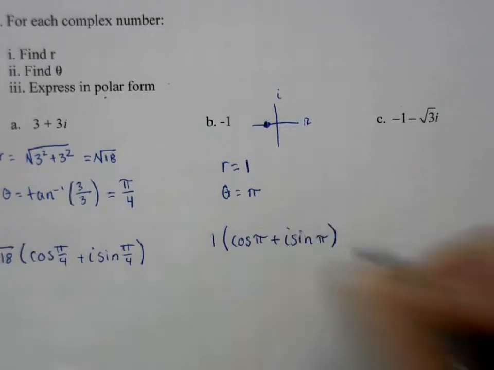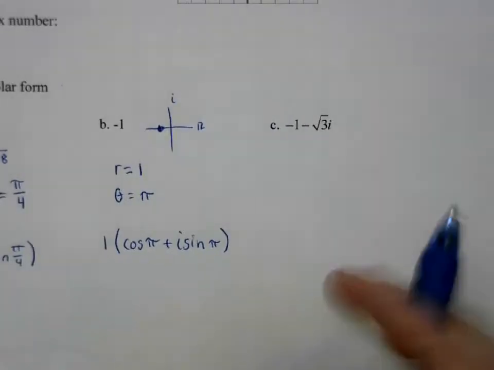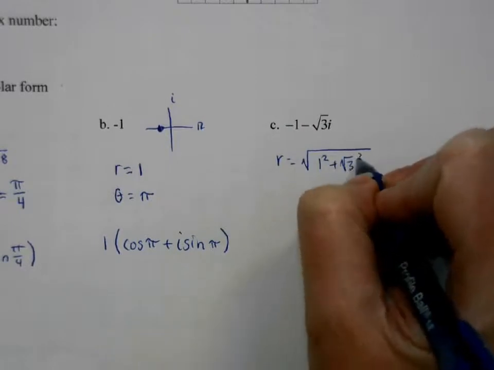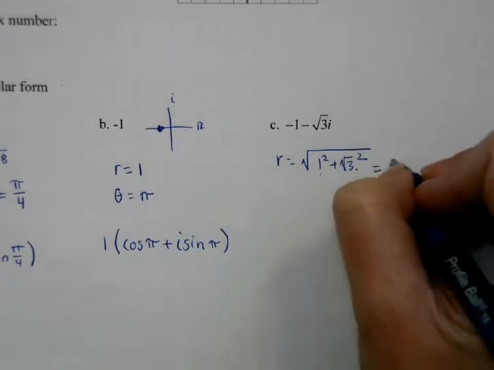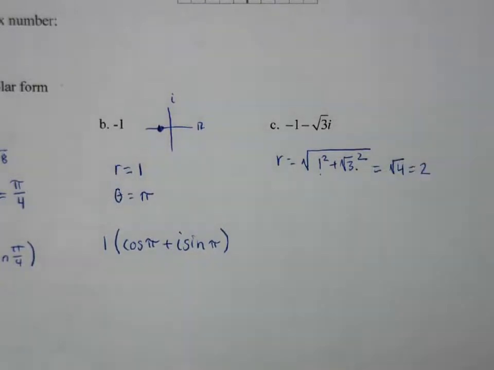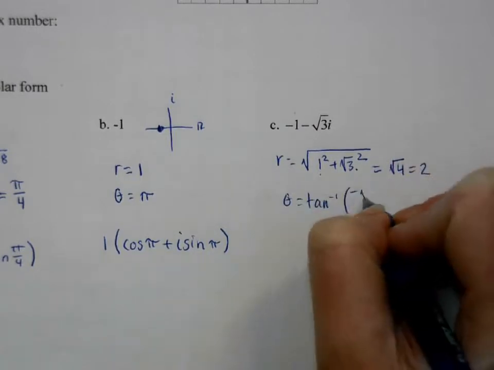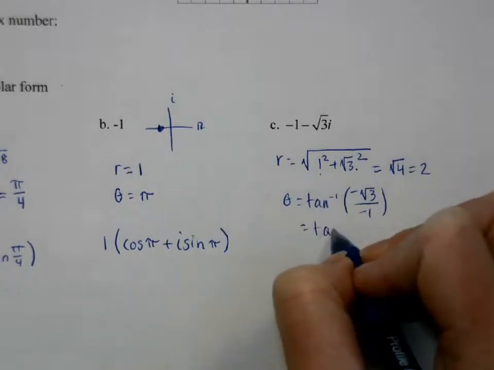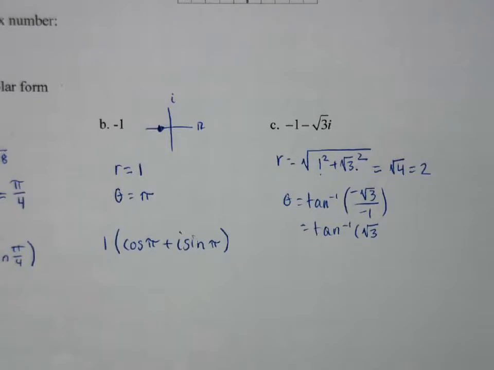This one, r is the square root of 1 squared plus root 3 squared. That's 1, that's 3. 3 plus 1 is 4, so we get 2. Theta is going to be the tangent inverse of negative root 3 over negative 1, which is the tangent inverse of positive root 3, which is going to occur at both 2 pi over 3 in the first quadrant, or in the third, we want 4 pi over 3.